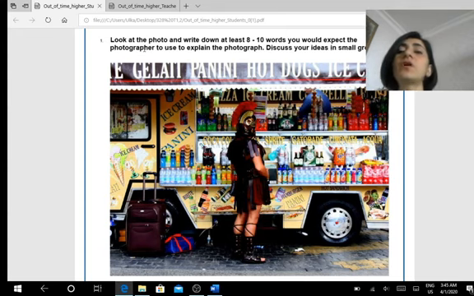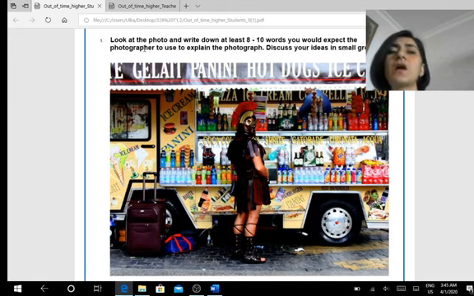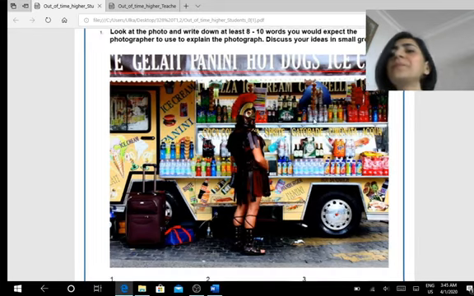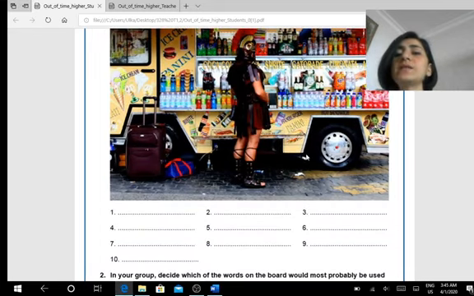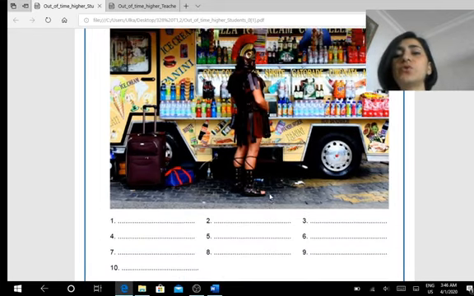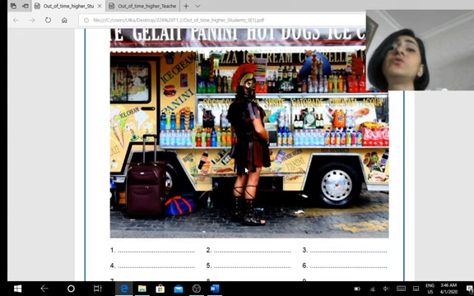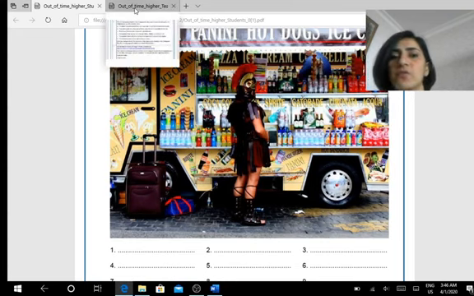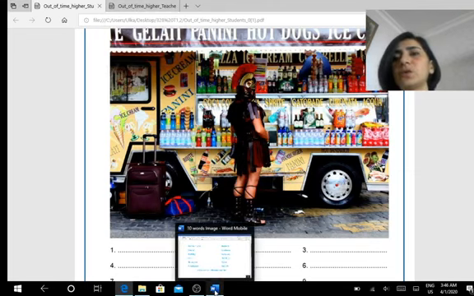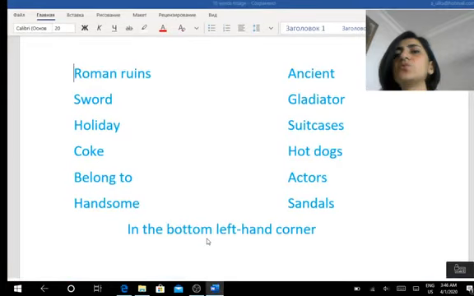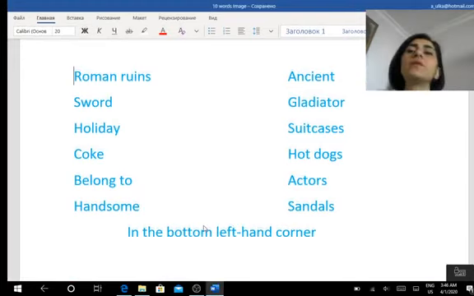When I say lexical words, I mean verbs, nouns, adjectives. You can write whatever you want, even a phrase maybe. So you will write down 10 words, but before you do that, I would like to provide you with my 10 words so that it will be helpful for you to see how to work with this.